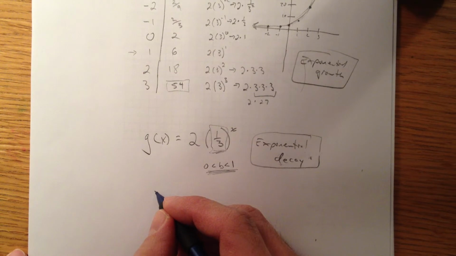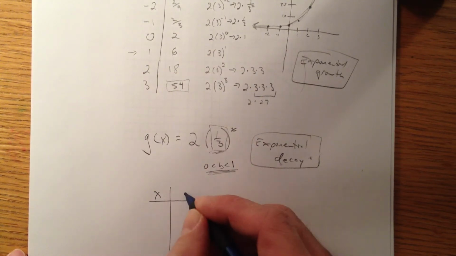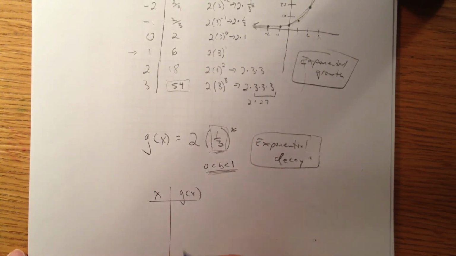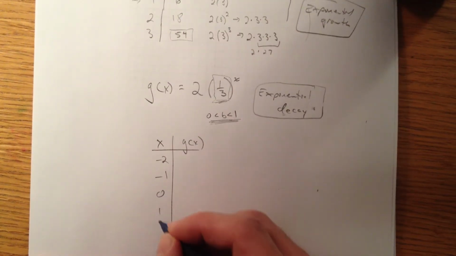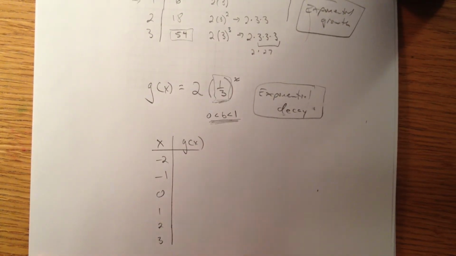Let's take a look at the table. So again, we'll look at -2, -1, 0, 1, 2, and 3. And then look at the outputs. So we'll start with this one. Let's see, so 2 times 1/3 to the first power.